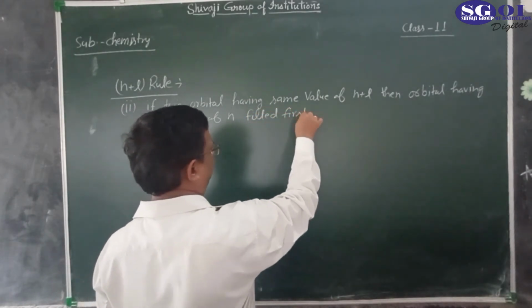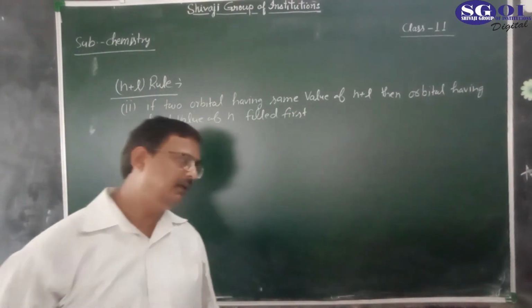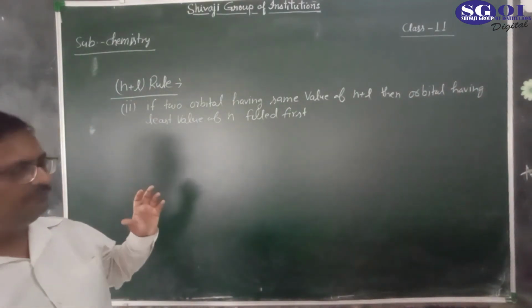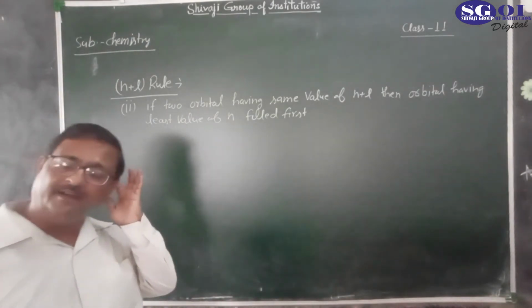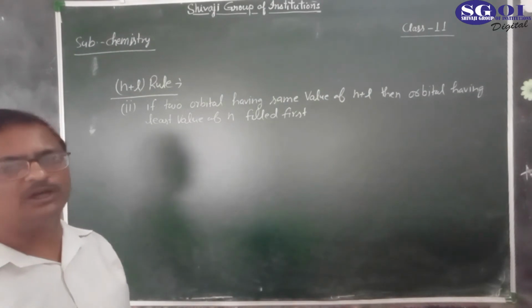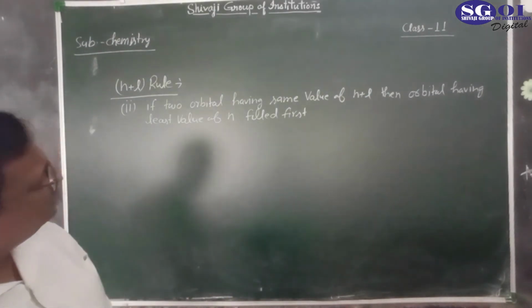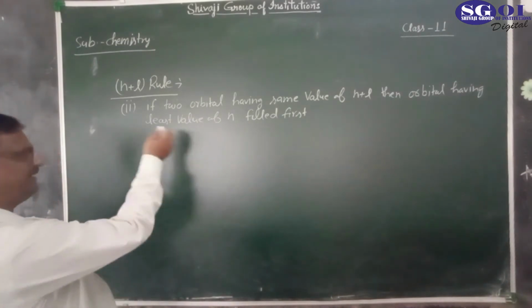That means if two orbitals have the same value of n plus l, how will you decide which orbital is filled first and which is filled next? So take an example.